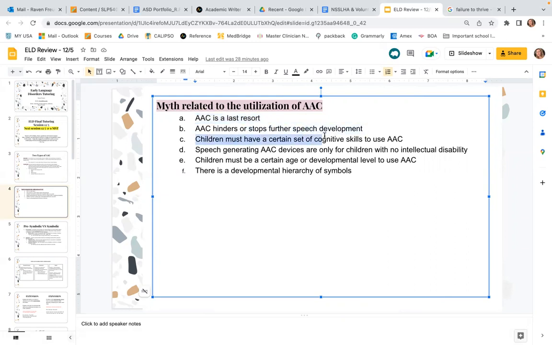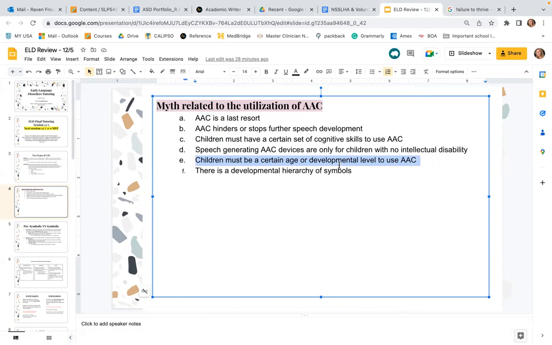Here's another myth, that children must have a certain set of cognitive skills or be at a certain age to use AAC. The question would probably be, if a parent or teacher says this, what's our job? Our job is to say, nope, that's not true, in a professional way, of course.